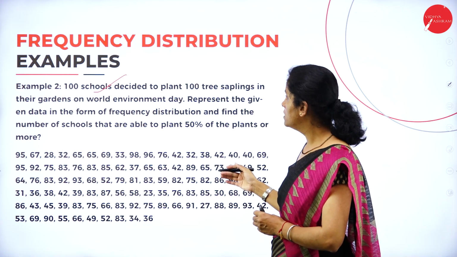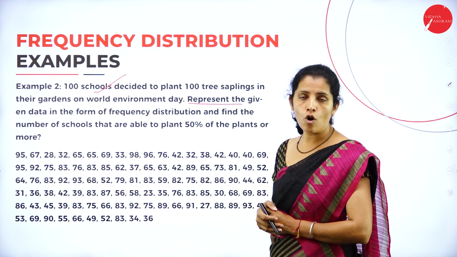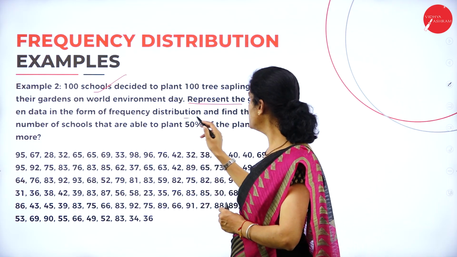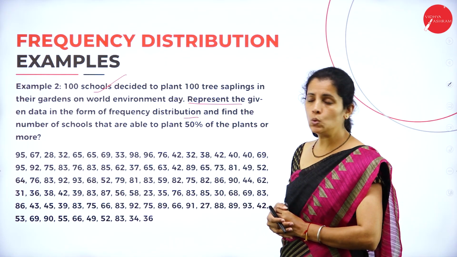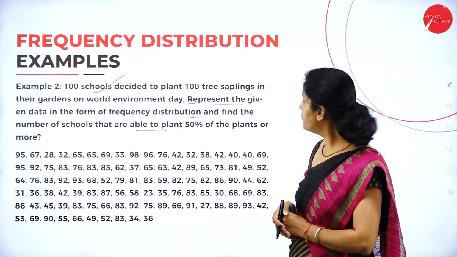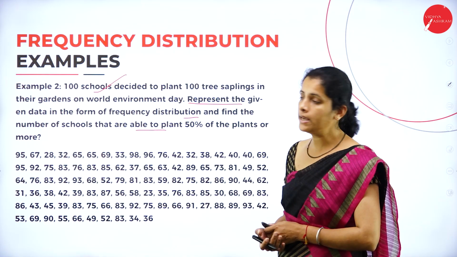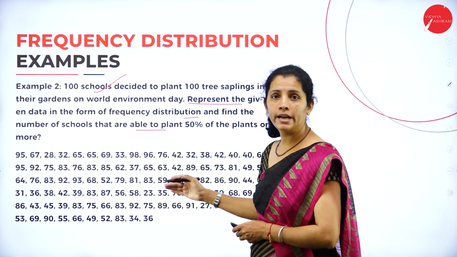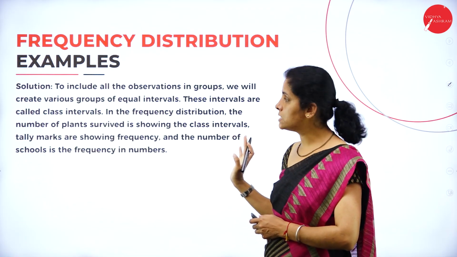Now represent the given data in the form of a frequency distribution and find the number of schools that are able to plant 50% of the plants or more. Okay, now I have the data set. This is the example data set.